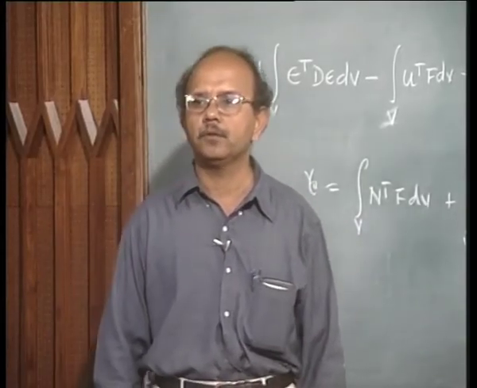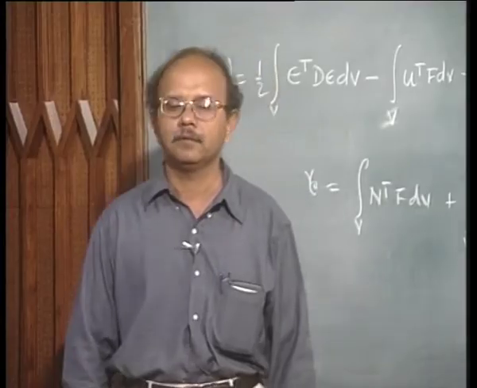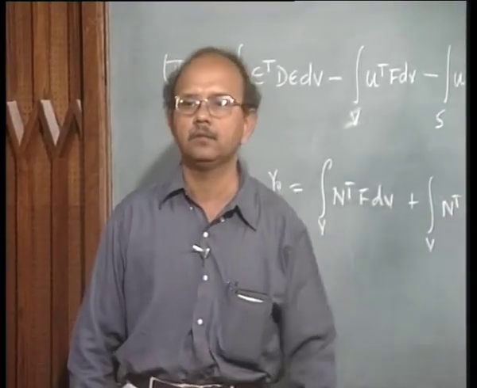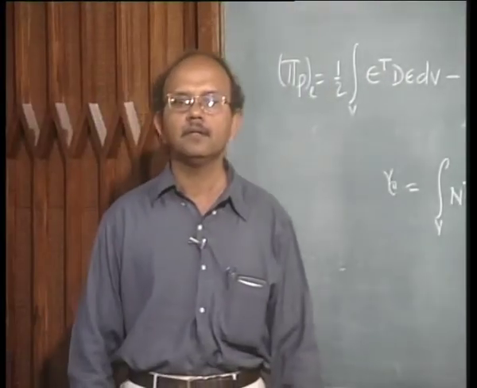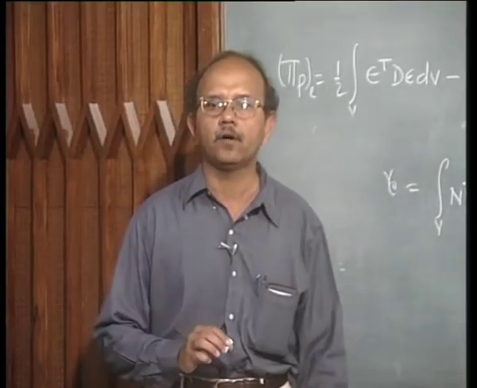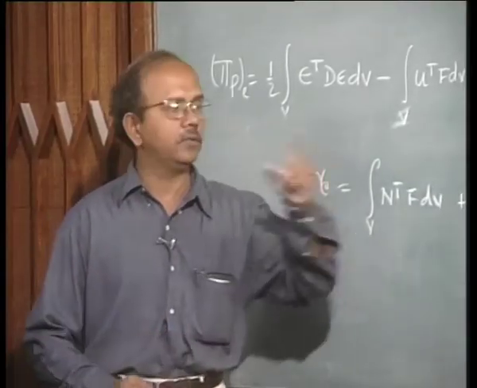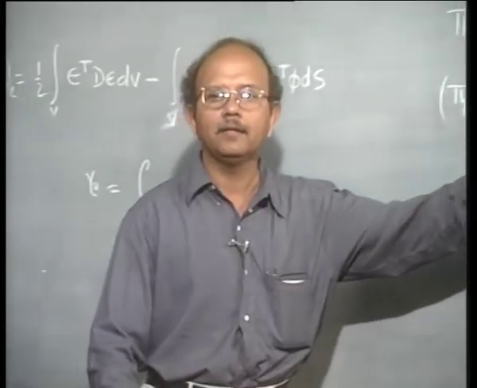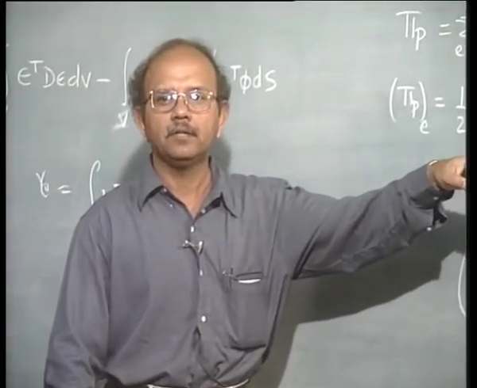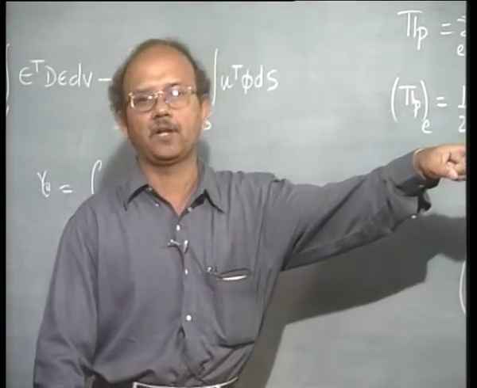Substitute for epsilon 0 and let me know. What will happen to those terms? What do you get for epsilon 0? You substitute epsilon 0, so you will get b transpose d epsilon 0.